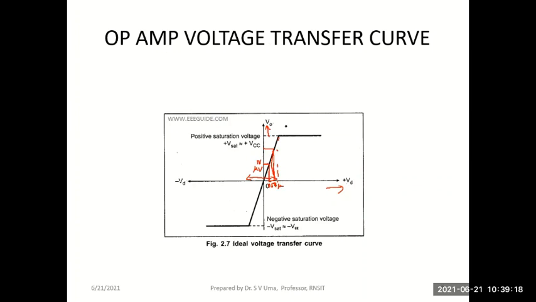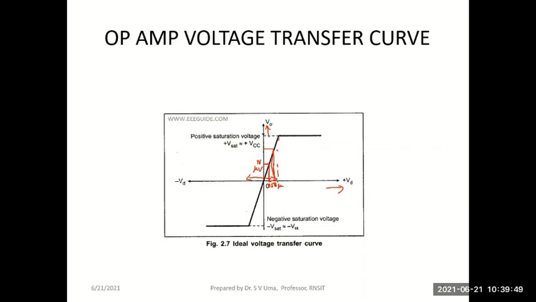Remember, an op-amp is made of differential amplifiers which use transistors, and you have given a DC voltage for the transistor to be biased. So the device saturates, or the output voltage cannot increase beyond the DC voltage or the saturation voltage which is given to an amplifier.